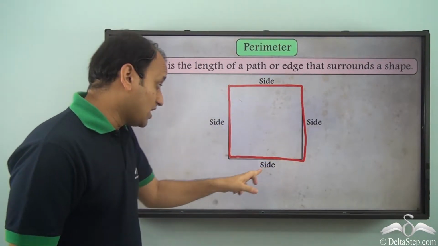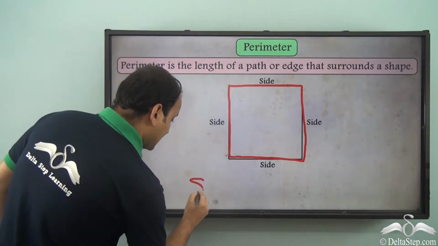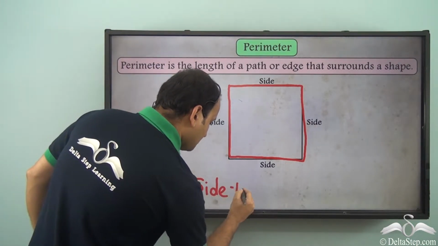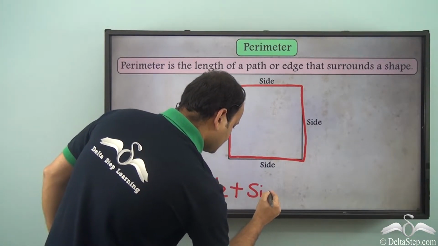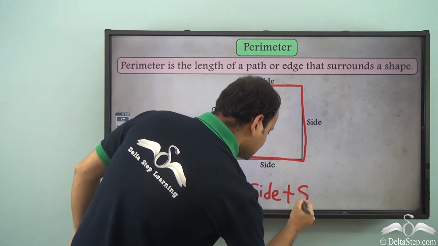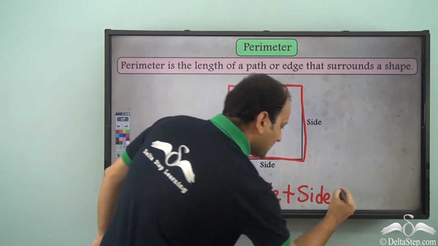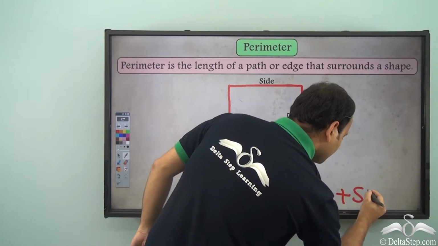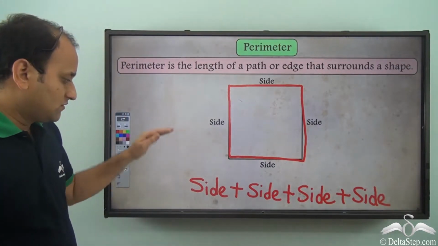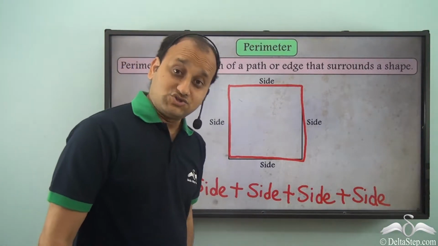Now since this is a square, it means the perimeter will be side plus side plus side plus side. Now we are adding side 4 times and this is the perimeter of a square.